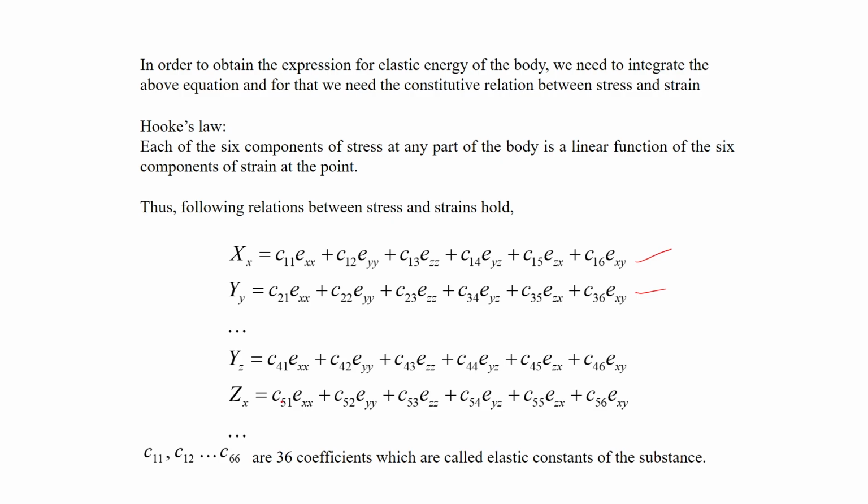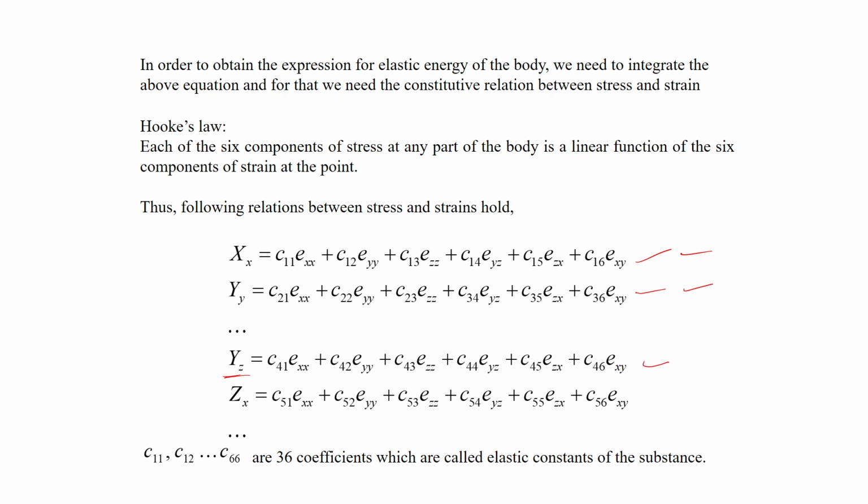So, these are the normal stress components, and these are the shear stress components. The shear stress components are also a function of all the strain components, and so therefore we have C41 εxx plus C42 εyy plus C43 εzz plus C44 εyz, C45 εzx plus C46 εxy.